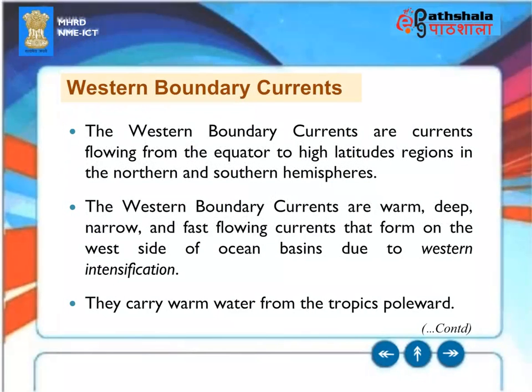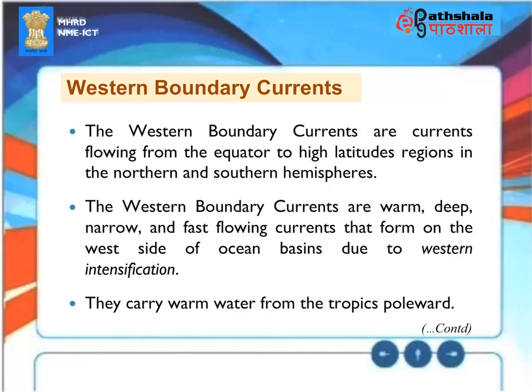Western boundary currents. The western boundary currents are currents flowing from the equator to high latitude regions in the northern and southern hemispheres. The western boundary currents are warm, deep, narrow, and fast-flowing currents that form on the west side of ocean basins due to western intensification.